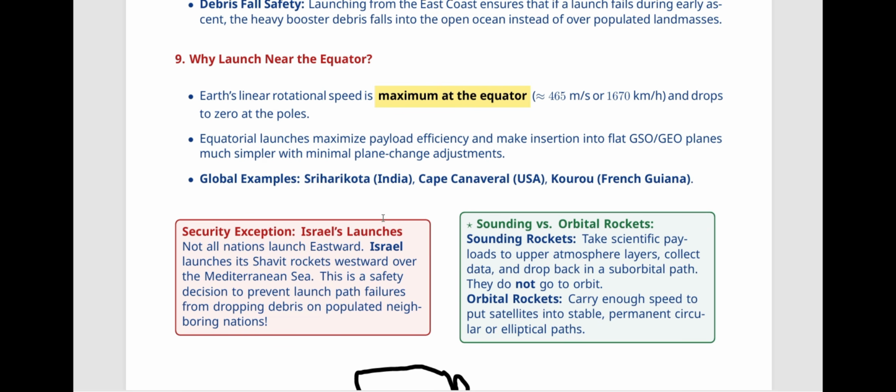Let me give one example. Israel: this is the Mediterranean Sea, and this is Israel. Israel launches from the west side, not the east side. Why? If any mission fails, the launch vehicle will fall in the Mediterranean Sea. If it is launched from the east side, it will fall on populated landmass.